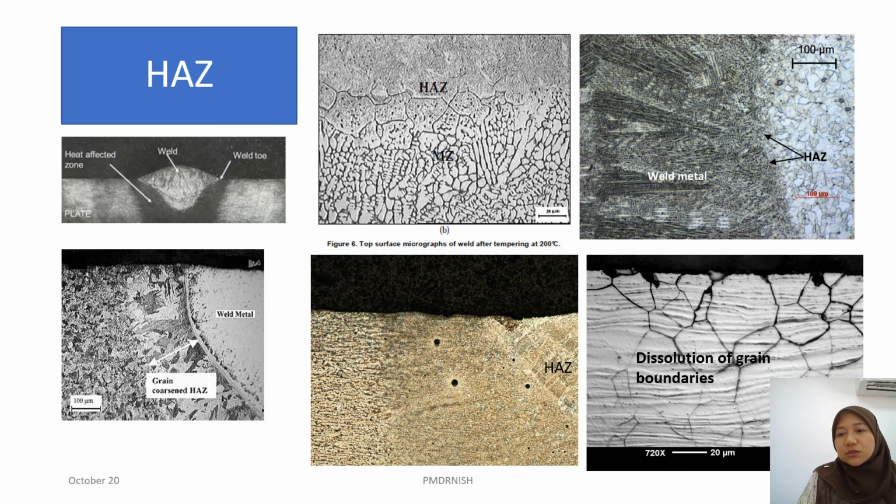Okay. So you can see from this image the dissolution of the grain boundaries. From the base metal you can see distinct grains and grain boundaries. However, when it comes to the heat affected zone, most of the grain boundaries have dissolved into the matrix.